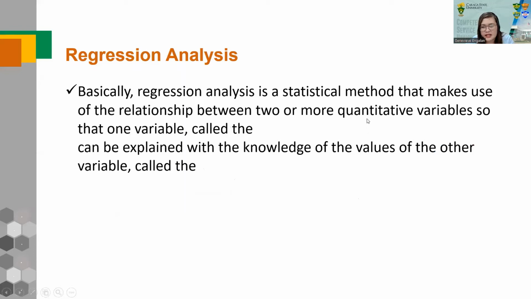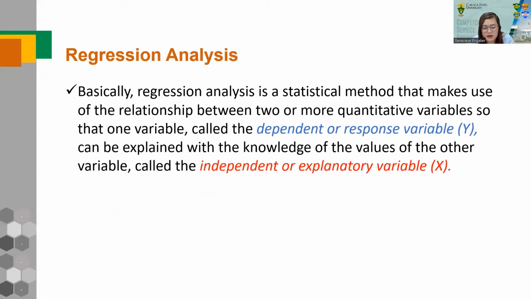So basically, regression analysis is a statistical method that makes use of the relationship between two or more quantitative variables so that one variable called the dependent variable or the response variable can be explained with the knowledge of the values of the other variable called the independent or explanatory variable x.